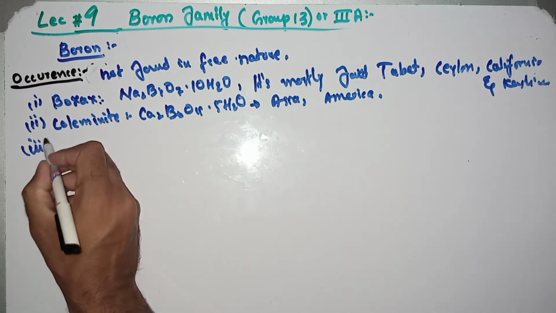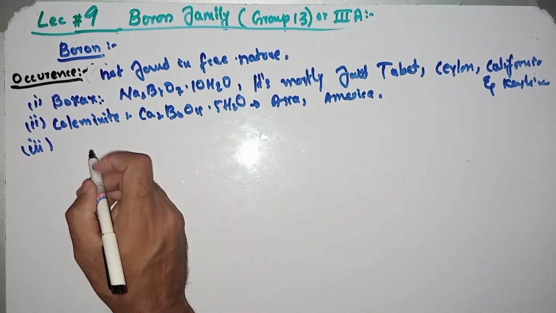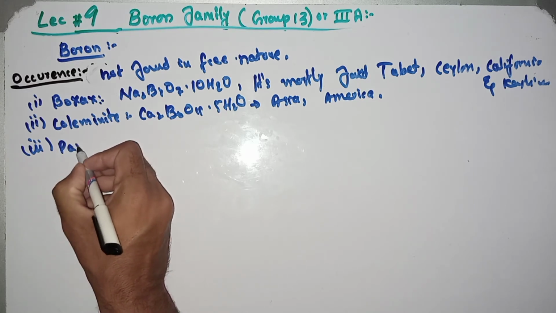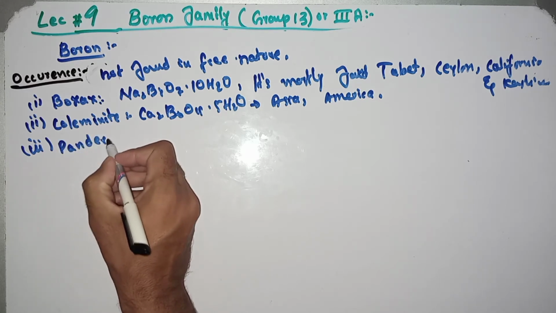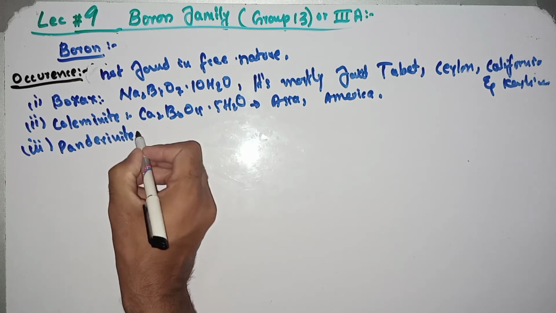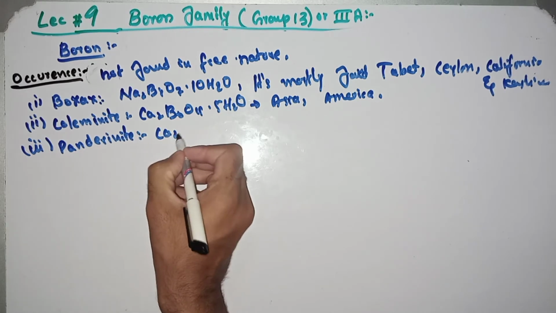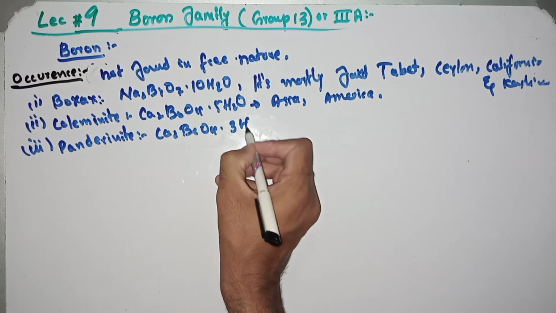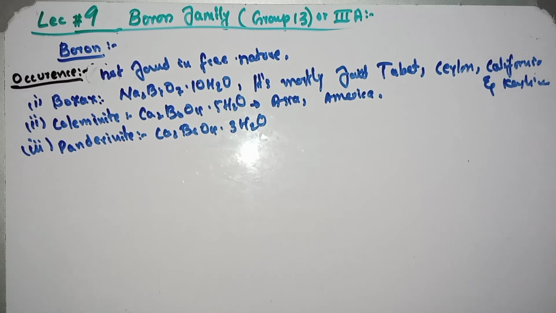Similarly, it can be found in the form of pandermite, for example Ca2B6O11.3H2O. This is pandermite.